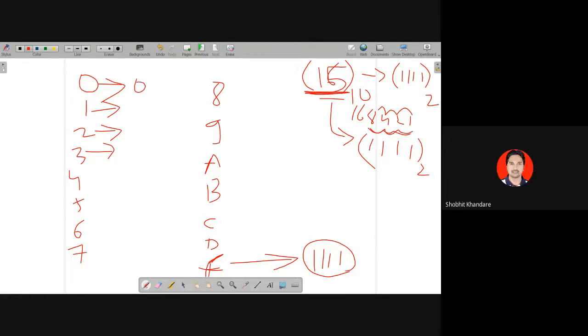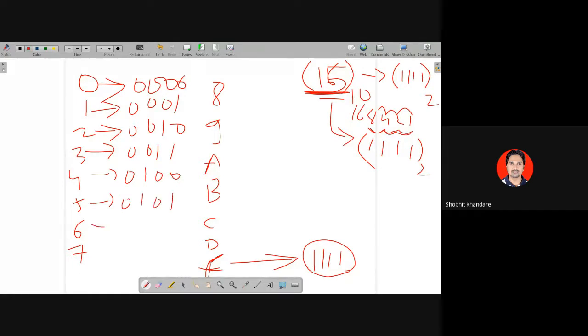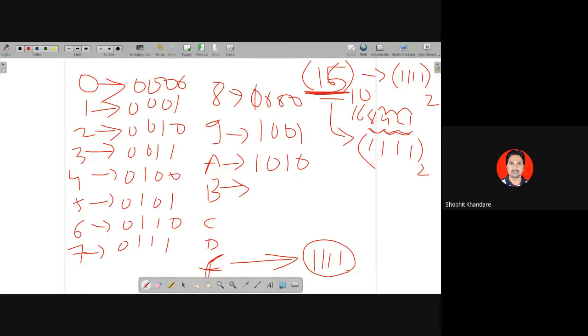So here for 0 it is 0000, for 1 it is 0001, for 2 it is 0010, for 3 it is 0011, for 4 it is 0100, for 5 it is 0101, for 6 it is 0110, for 7 it is 0111, for 8 it is 1000, for 9 it is 1001, for A, which is nothing but 10 in decimal, 1010. For B it is 11, 8 9 10 11, 1011.